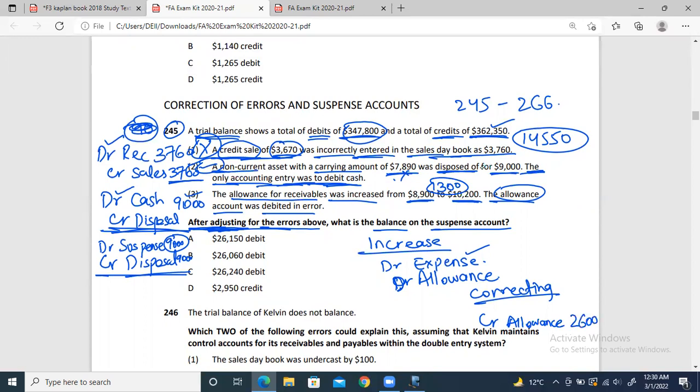And the debit is not the expense account, it is the suspense account, because if we debit the expense, nothing makes sense over here, because debit expense is already done. So we will debit suspense by 2,600.